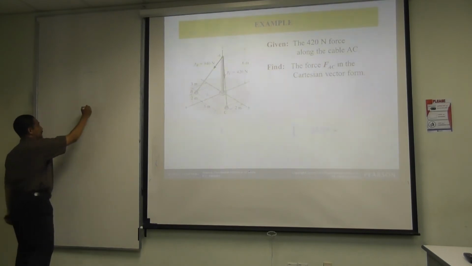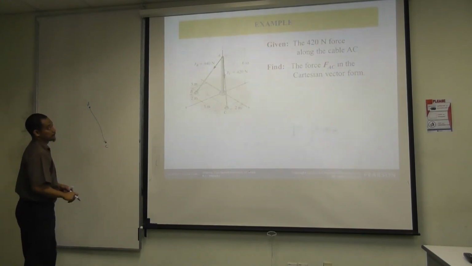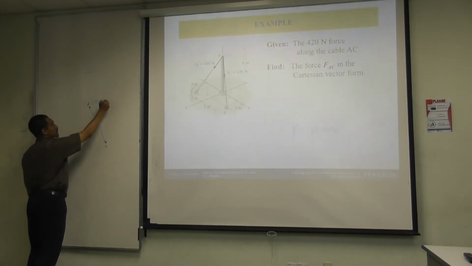Coordinate, right? So you have point A and point C. Point A, what is the coordinate? X coordinate is 0, Y coordinate is 0, Z is 6.